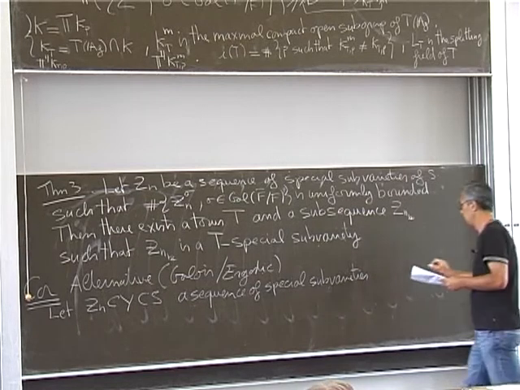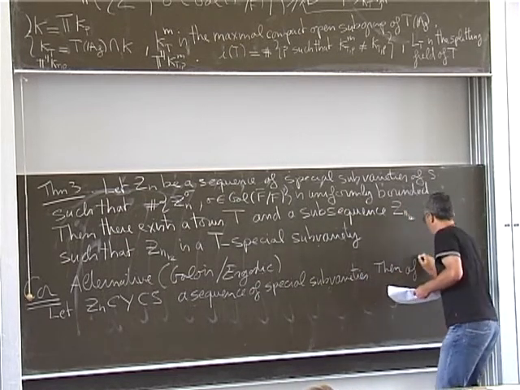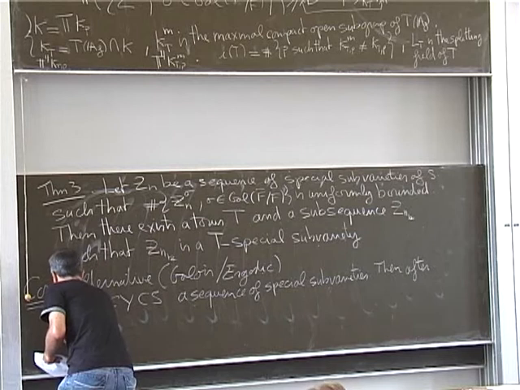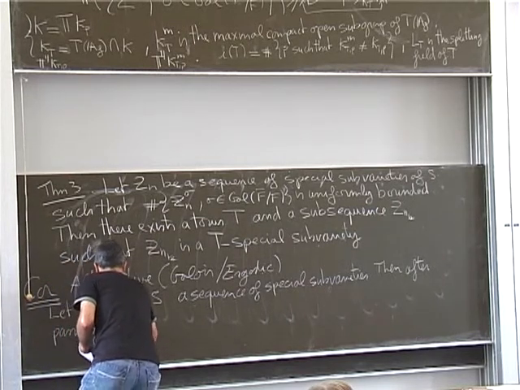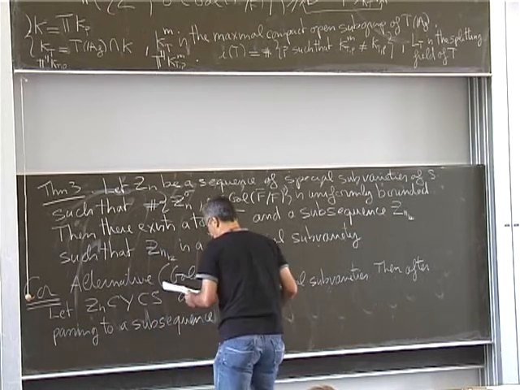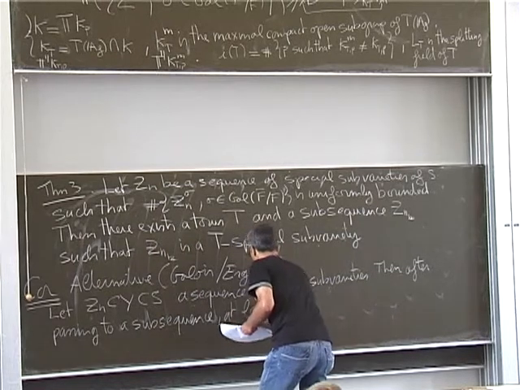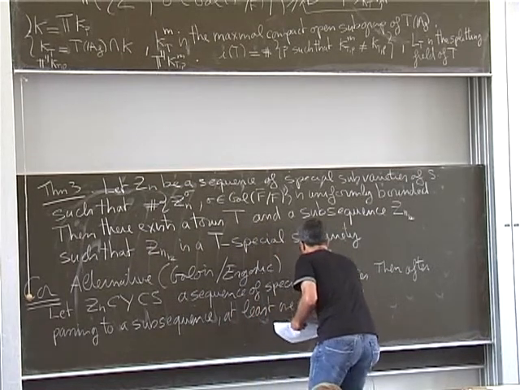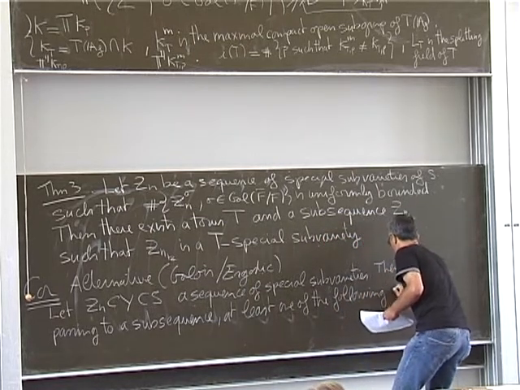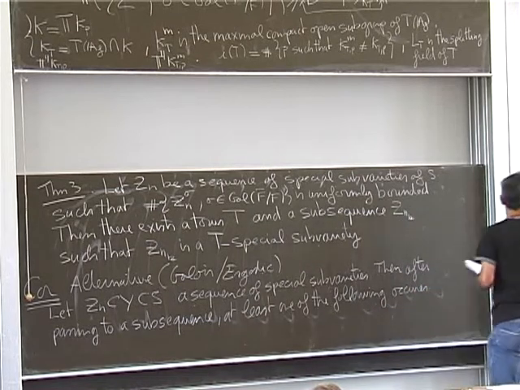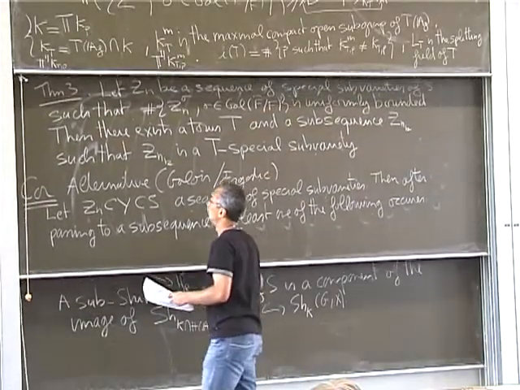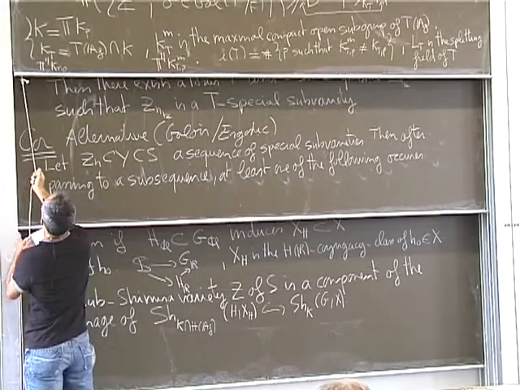Then after possibly passing to a subsequence, at least one of the following two possibilities occurs. Okay, so maybe I continue here.